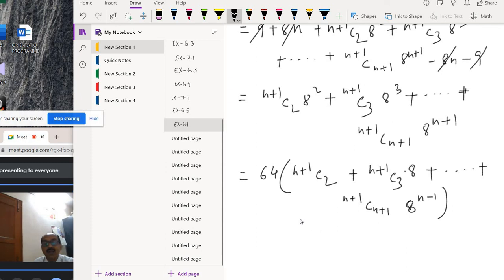Now we can say this is divisible by 64 as per the question. It is equal to 64 into this part, so it is divisible by 64.